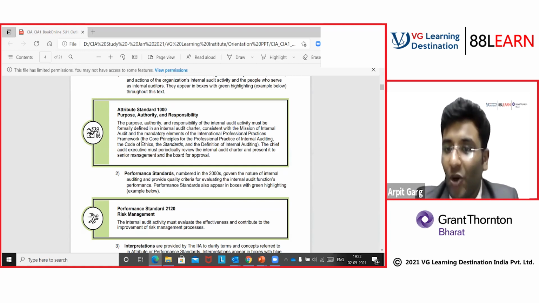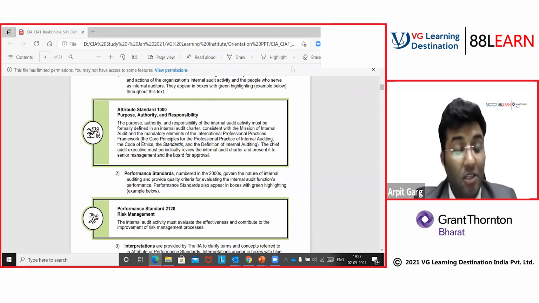I hope you all are clear with the mandatory elements. What are the 4 things in mandatory elements? Can anyone tell from the participants? I'll ask Prateek, please go ahead. Prateek, are you with us?